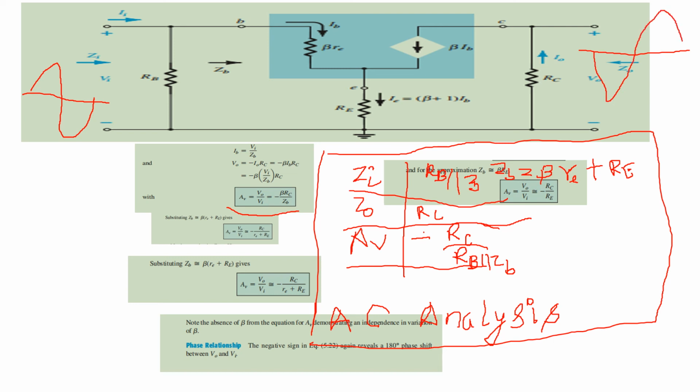So this is termed as a phase relation between V0 and Vi. The negative sign indicates a phase relation.